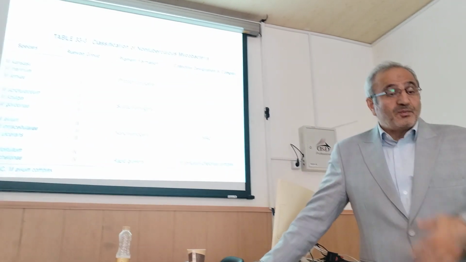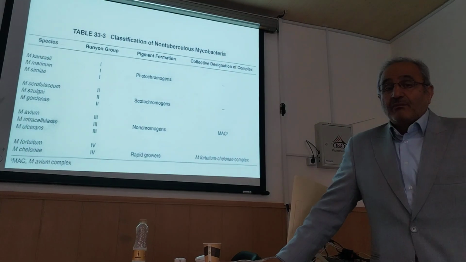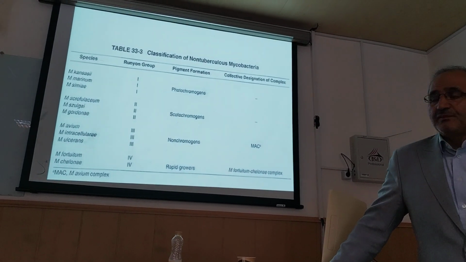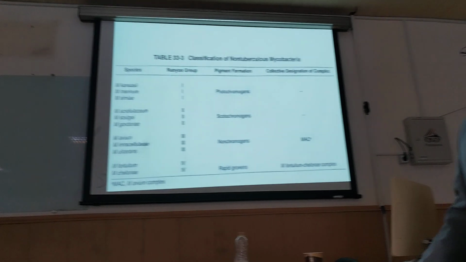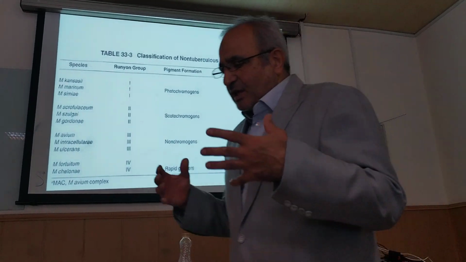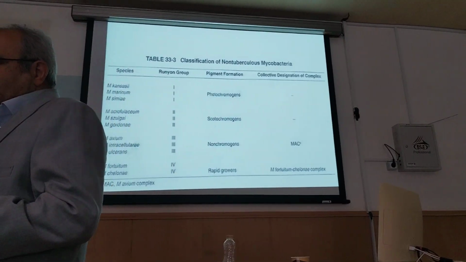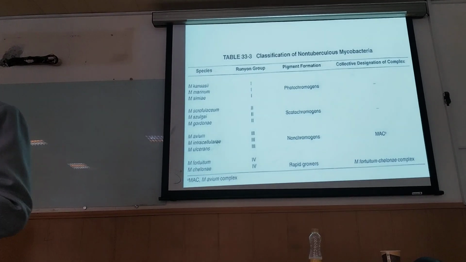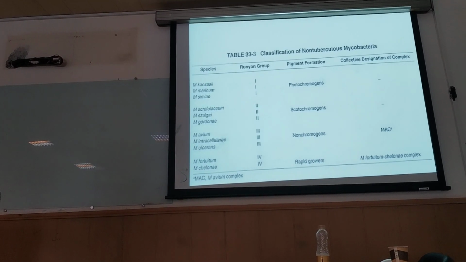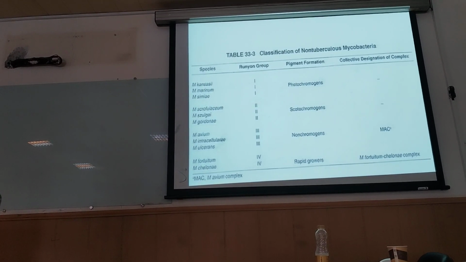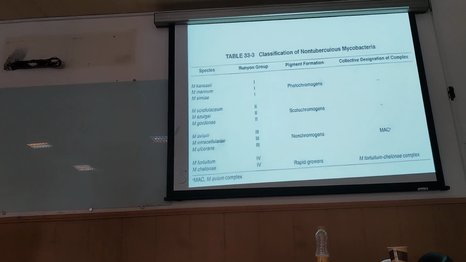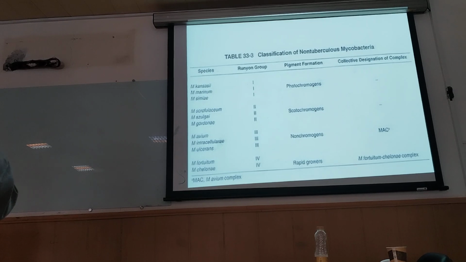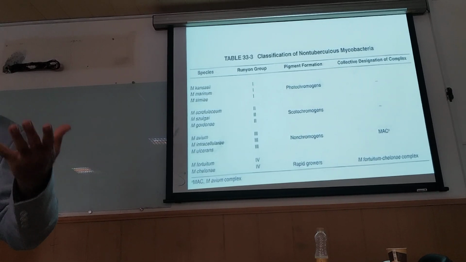The last group are Mycobacterium fortuitum. So these are rapid growers. It means that they can grow much faster than M. tuberculosis. You should expect in the primary culture of M. tuberculosis complex to see the colonies in 4 weeks, 5 weeks.